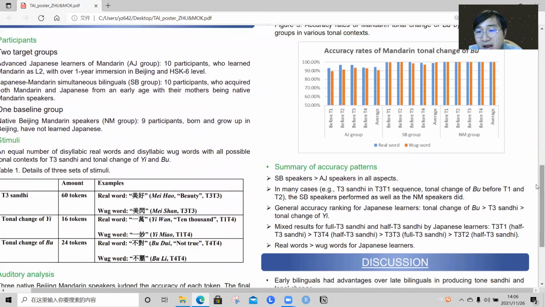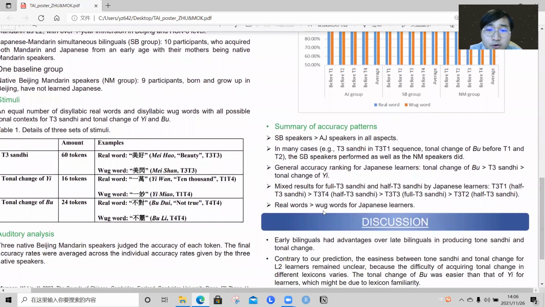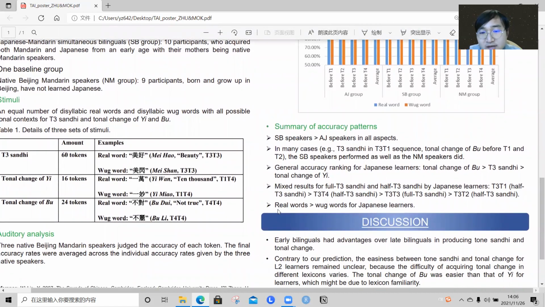For the general accuracy ranking for Japanese learners, tonal change of bu is higher than tone 3 sandhi, and higher than tonal change of yi. We also found mixed results for full tone 3 sandhi and half tone 3 sandhi by Japanese learners. And of course, the accuracy of real words was higher than wug words for Japanese learners.